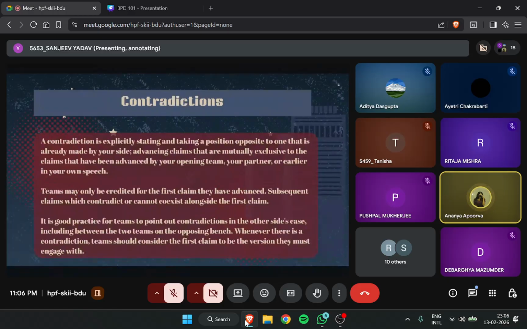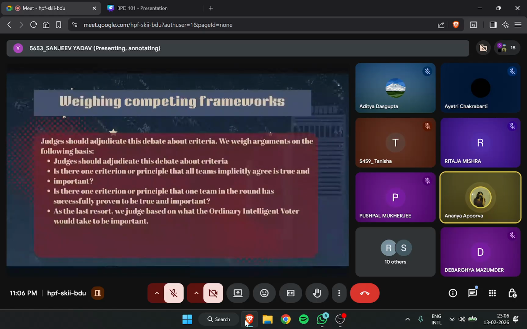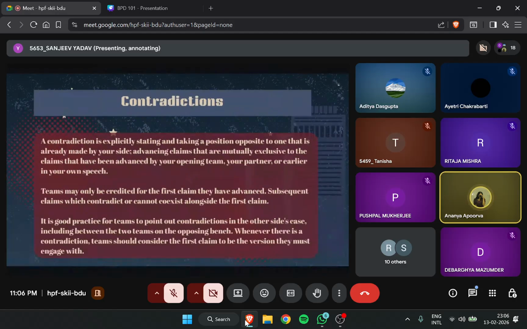The opposing team is not expected to debate or give argumentation for both arguments put forward by the other team. They're only supposed to engage with the first line of argumentation that was put forward.